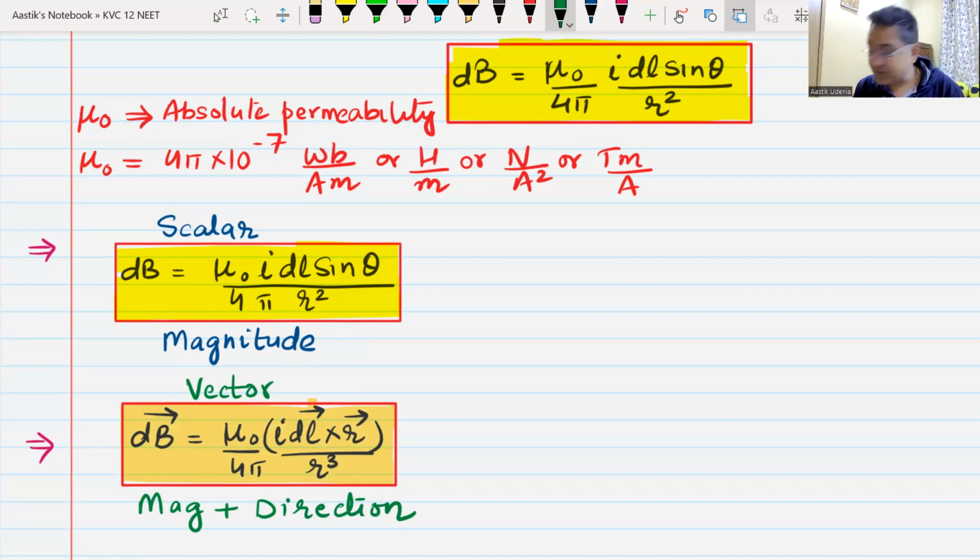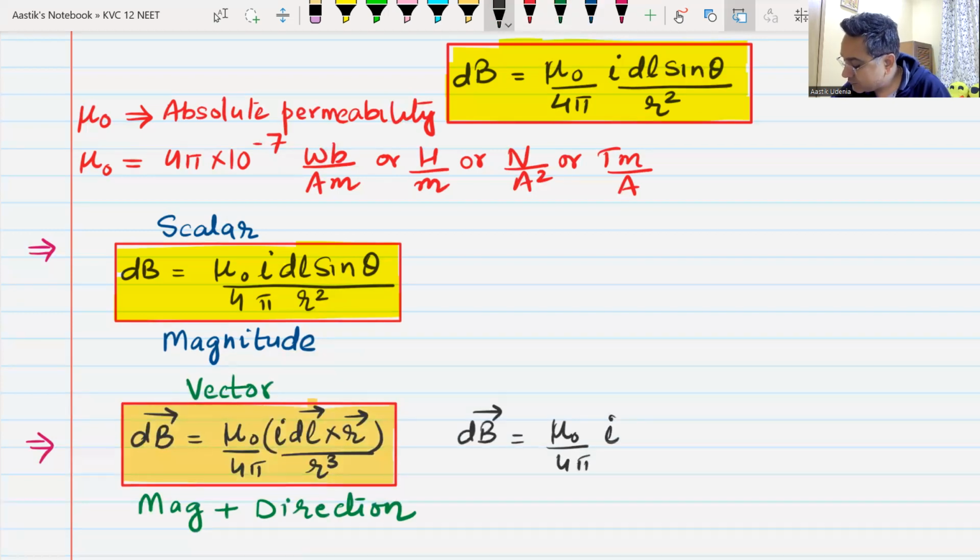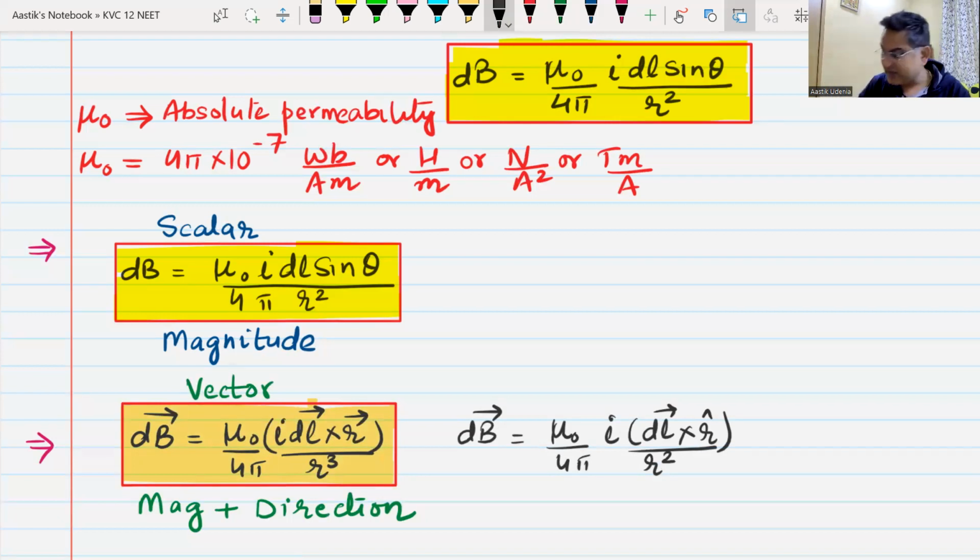This equation can be written in one more form. I can write this as dB vector is equal to mu naught by 4 pi I dl cross unit vector r divided by r square, because unit vector r is r vector divided by r.